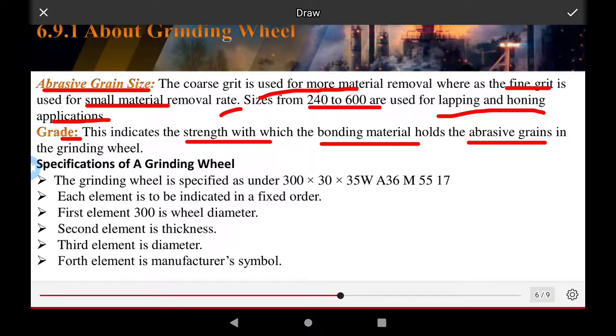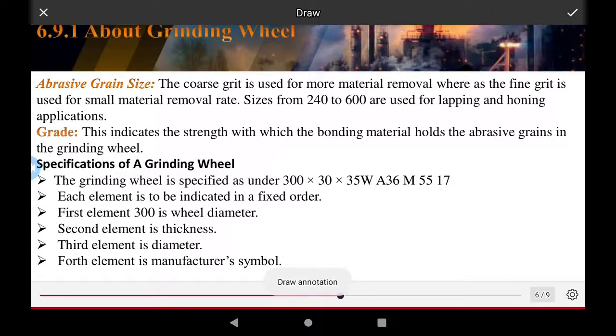Specification of the grinding wheel. What is the specification of a grinding wheel? Grinding wheels are specified in the standards.